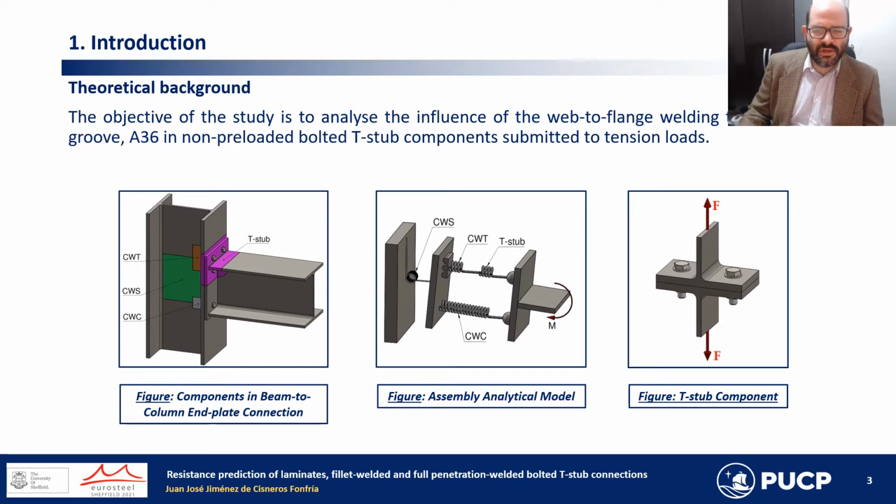In the particular case of bolted moment and plied connection, the T-stub is the component which mainly controls the behavior of the tension zone. This component is defined by two symmetric T-profiles connected through their flanges by bolts and submitted to tension loads in the webs until rupture.